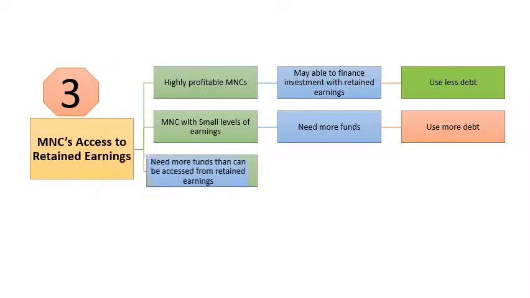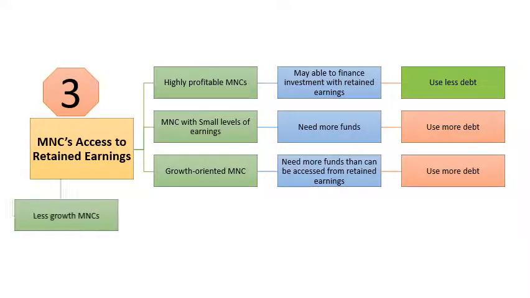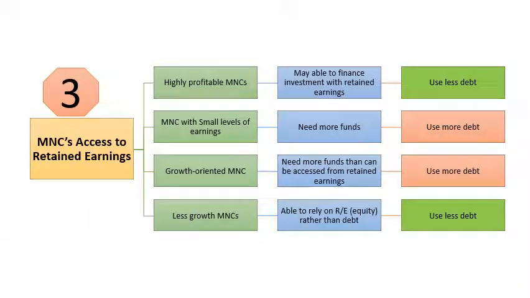A growth-oriented multinational company needs more funds than can be accessed from retained earnings, so it will use more debt. Conversely, less growth-oriented multinational companies are able to rely on retained earnings instead of debt, so they will use less debt.